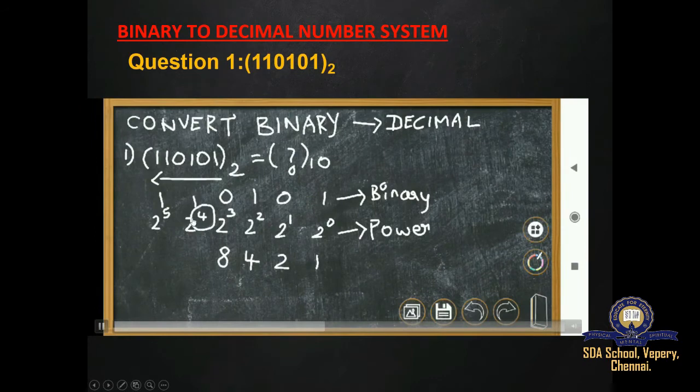Now 2 to the power 4. So we have to multiply 2 into 2 into 2 into 2. 4 times you have to multiply. If it is 5, we have to add another 2 here. Like that we have to multiply. 2 into 2, 4. 4 into 2, 8. 8 into 2, we get 16. Now here it is 5.